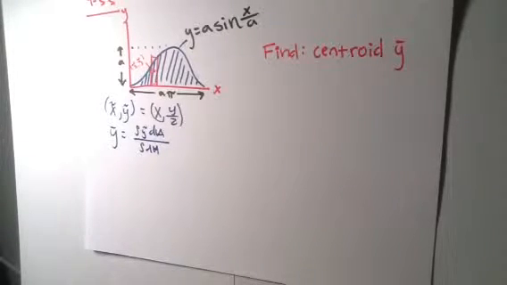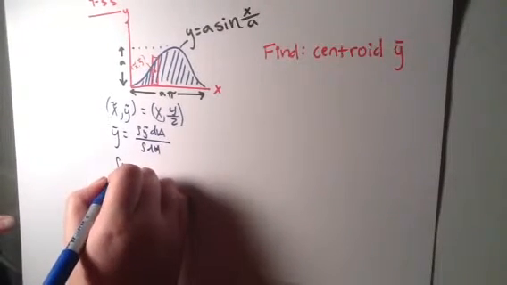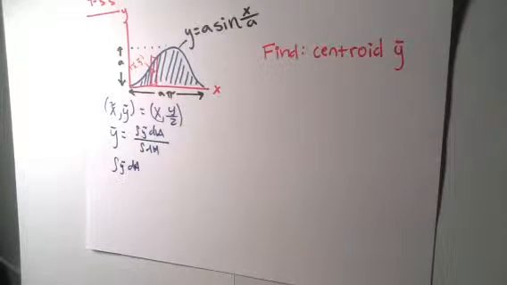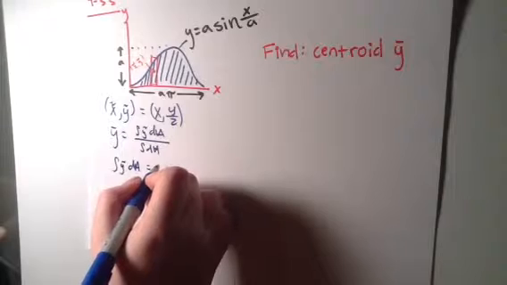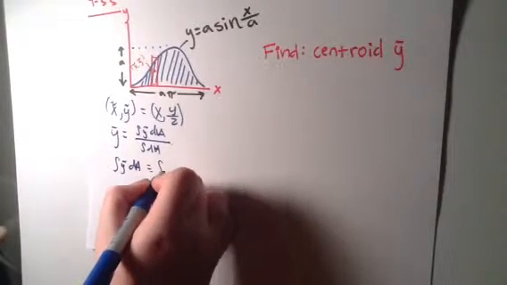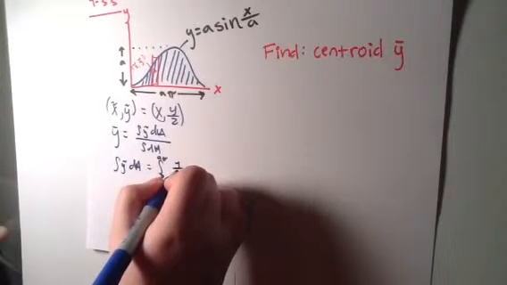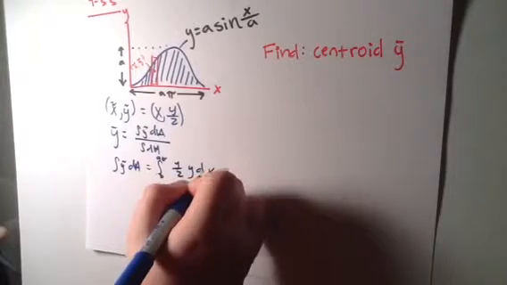Alright, and first we will look at the numerator, and so the numerator is the integral of y squiggle dA, and that is equal to the integral from 0 to a pi of y over 2 y dx.